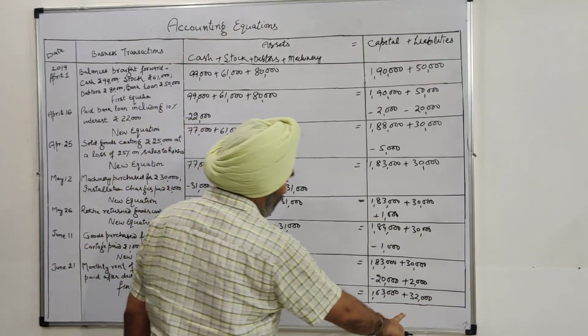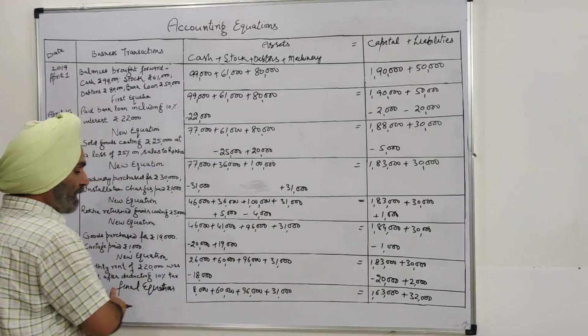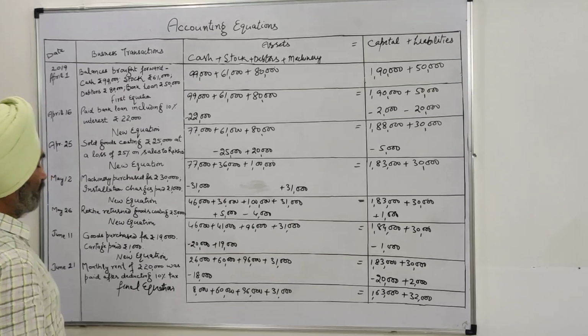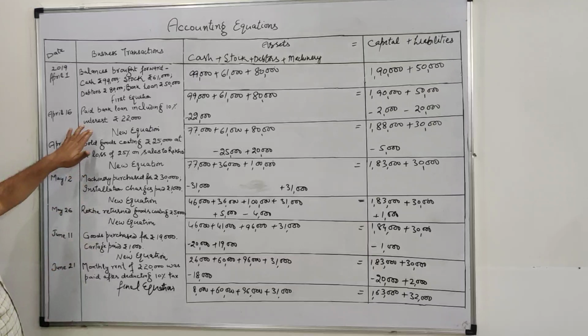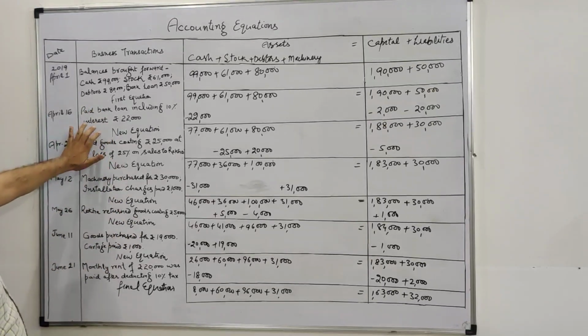Okay, so 1,95,000 capital and liabilities, and 1,95,000 will be our assets. So this is our final equation. So this was the advanced problem taken up for you people.